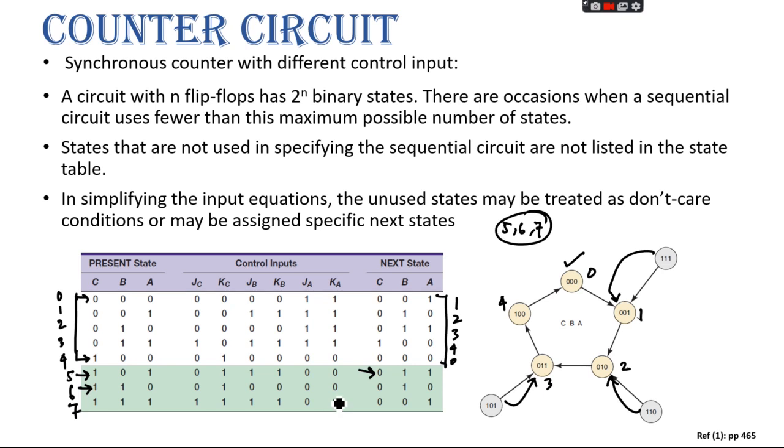Whenever it is 6, it is going back to 2. And whenever it is 7, it is going back to 1. So once we have the present state and next state, we can have the control command, right? We know how to do it.